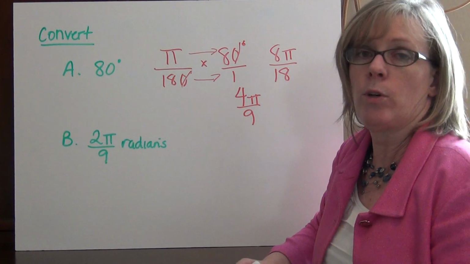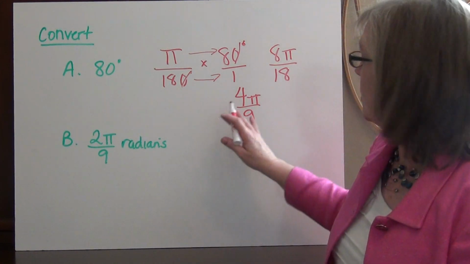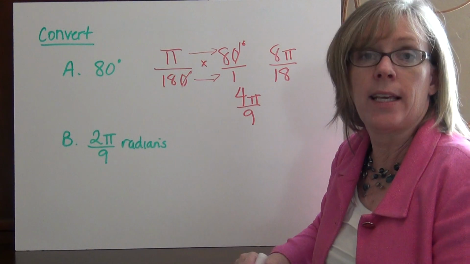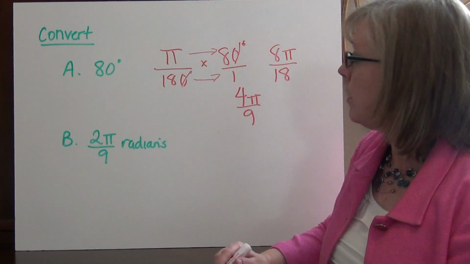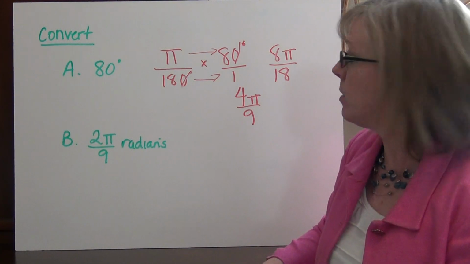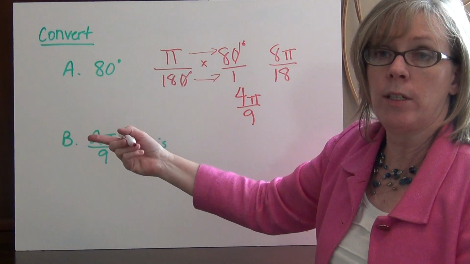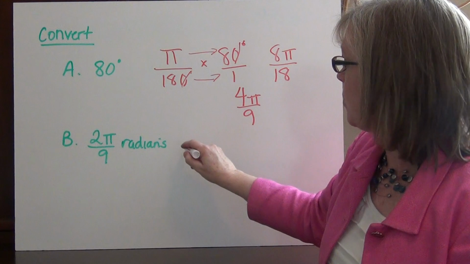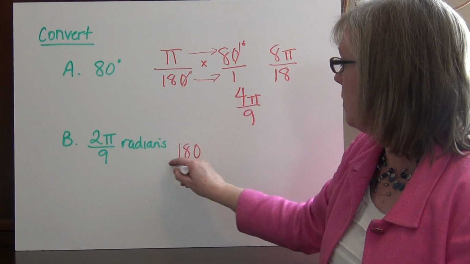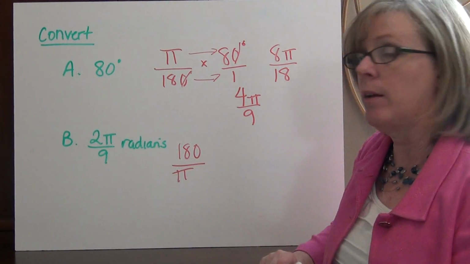Now in radians, we don't always have to say radians. We can just say 4 pi over 9, or we can say 4 pi over 9 radians. For the degrees, we must say degrees, okay? So take a look here. I have radians, and I want it to become degrees, so the one I want is on top, so I'm going to put 180 on top and pi radians on the bottom.